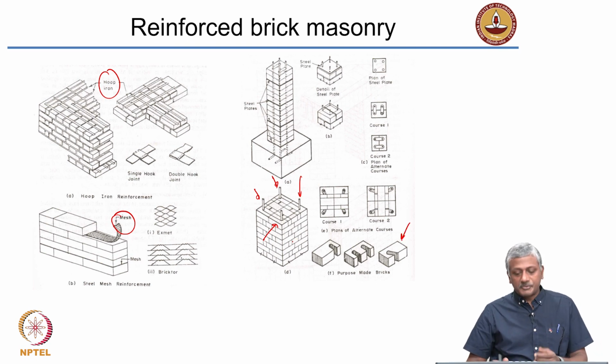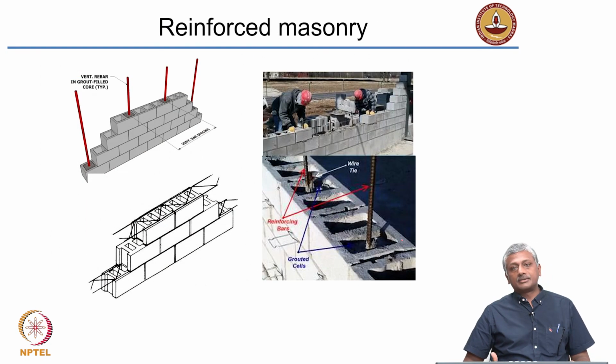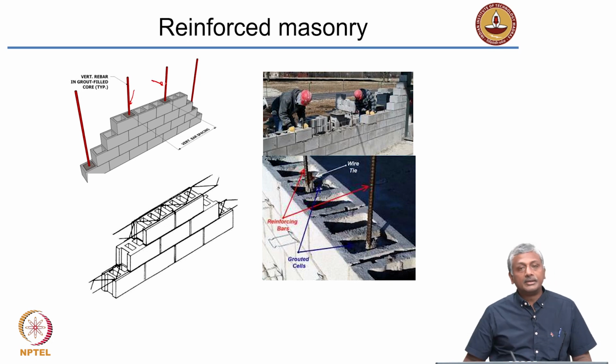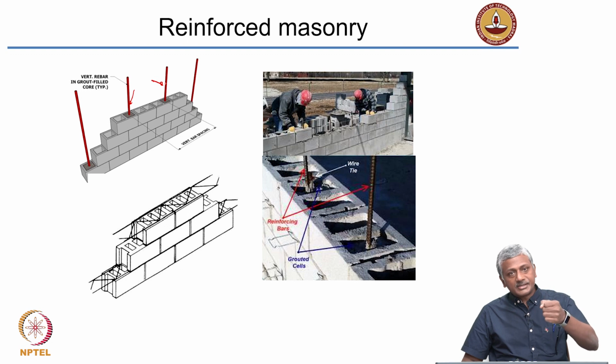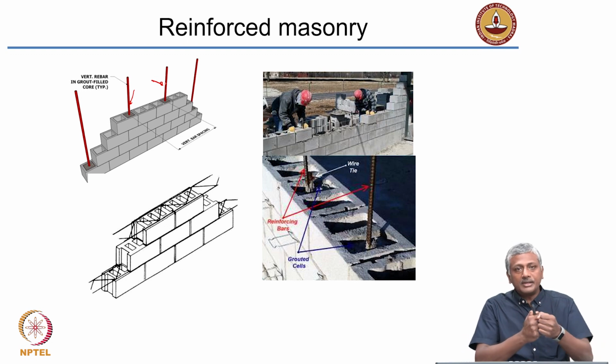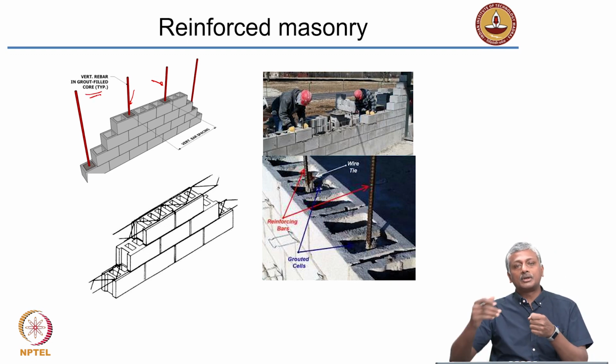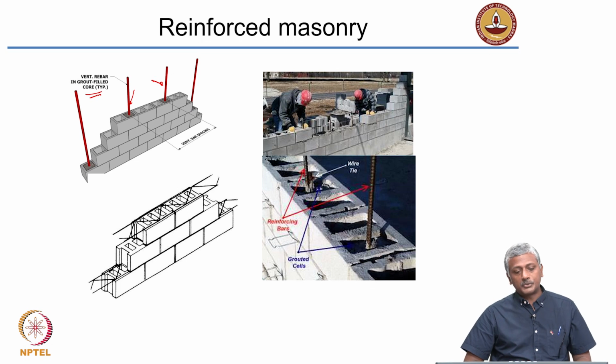Now, of course, all this becomes much easier when I use concrete, because concrete can be made into hollow blocks, and these hollows provide ideal locations where you can insert the bars. Once these bars are inserted, they are not big enough to completely fill up the hole. So, you need to keep them in position by grouting. You need to put a grout to keep these bars in position. So, that is basically a reinforced concrete block masonry.